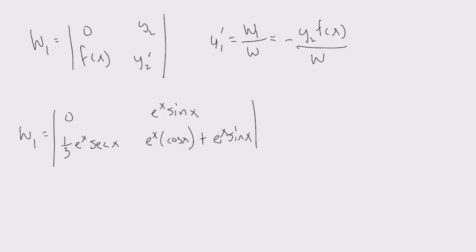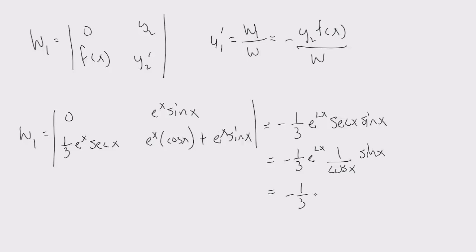However, that part doesn't really matter because it's just 0 when I do my cross multiply. So that's going to give me negative 1/3 e to the 2x secant x sine x, which, secant is 1 over cosine. So that's actually tangent. So negative 1/3 e to the 2x times tangent x for that piece.